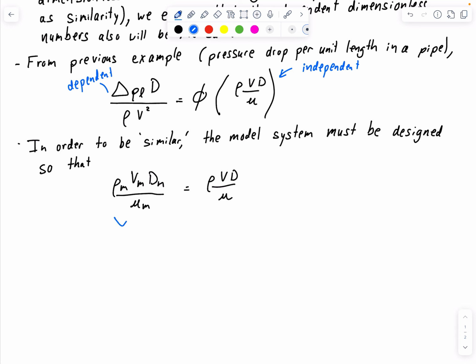So just to be clear, all of these variables represent the model, and all the variables here represent the prototype, which is your original system.